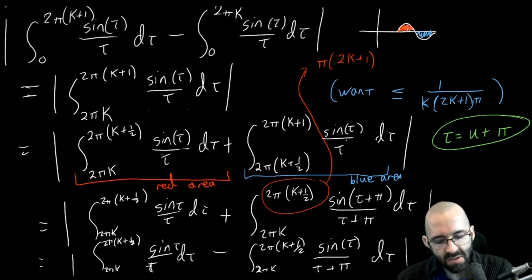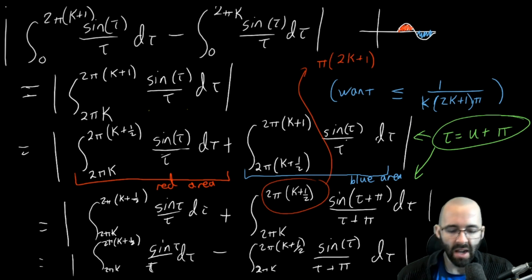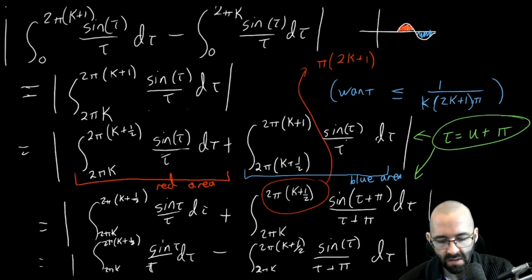If you do this change of variable, you can go from this guy on the left to that guy on the right. I'll not go through the fine details on this. You can take care of this yourself, do this change of variable, and you can get everything with u's if you want, but they are equivalent.